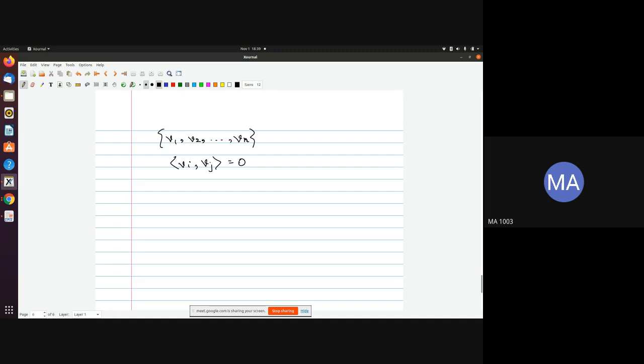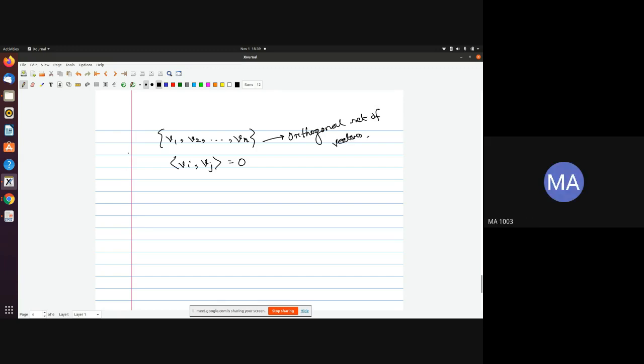Mutually orthogonal means if I choose any two vectors from this set where i is not equal to j, the inner product is 0. So v1, v1 is not there, v2, v2 is not there, like that. All the other inner products will be 0. Then I will call it an orthogonal set of vectors.